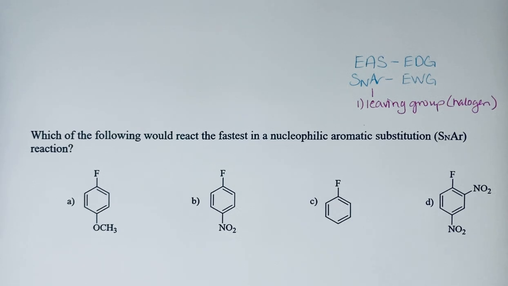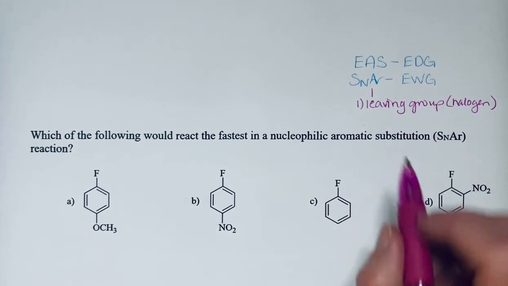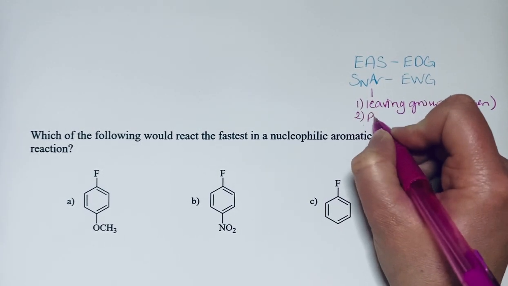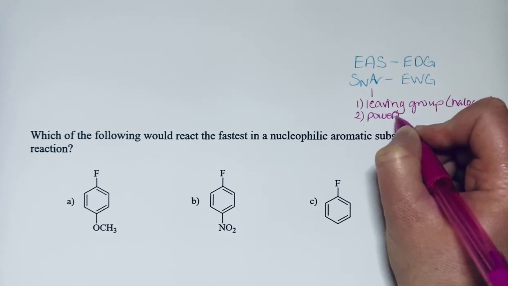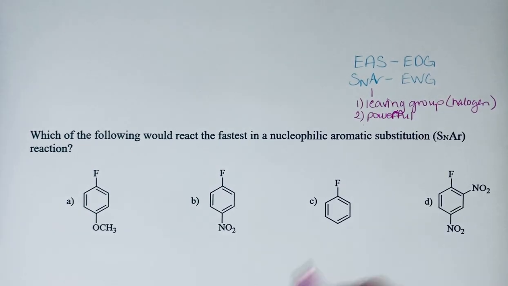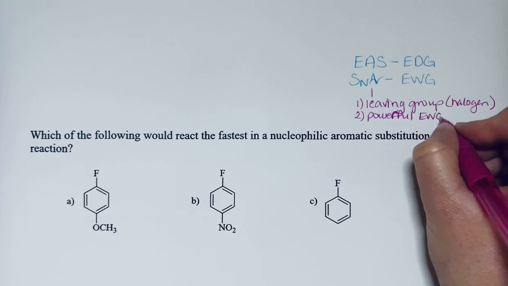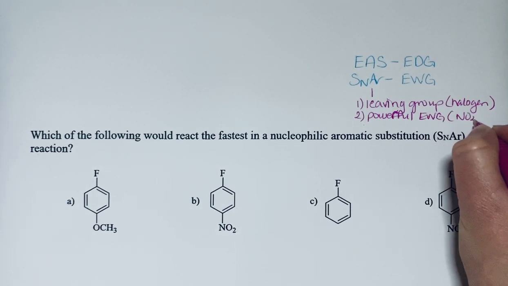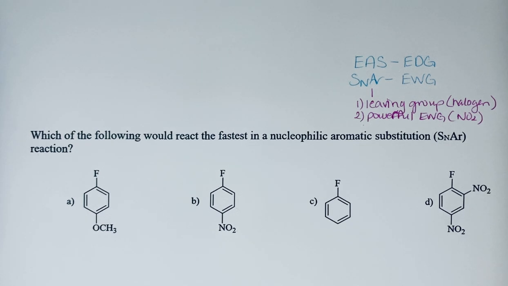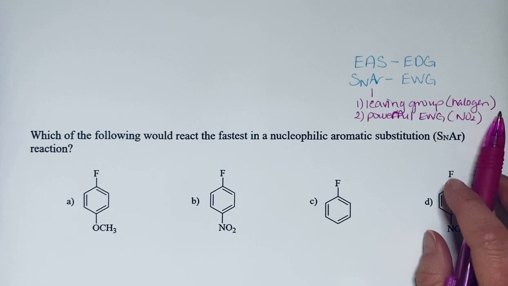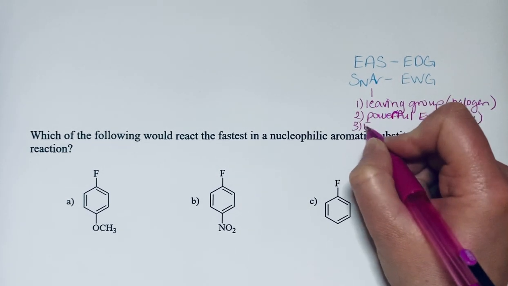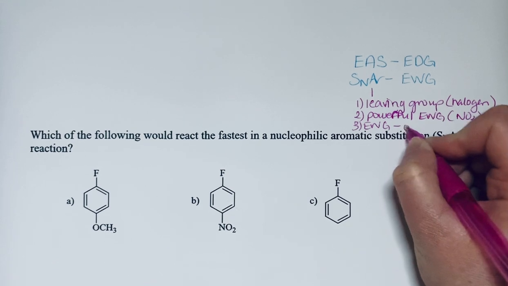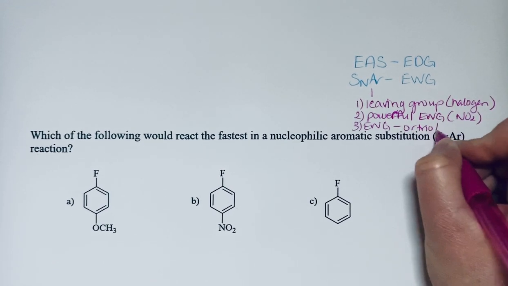Okay. You need powerful electron withdrawing groups, and that's typically nitro. And I'll show you an example with a mechanism so you can see why the nitro group works really, really well for this. It'll also show you this next requirement, which is that those electron withdrawing groups need to be at the ortho and para positions.